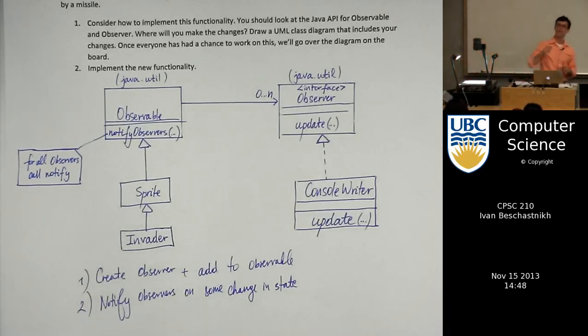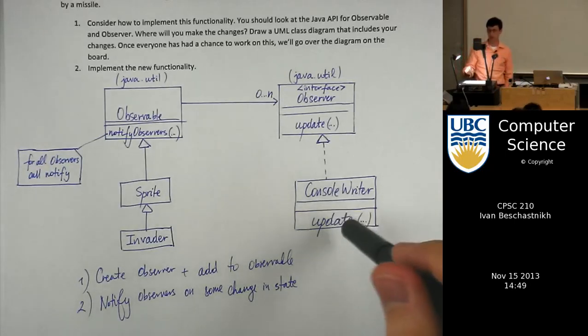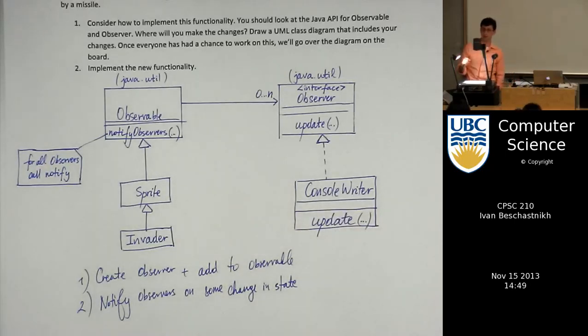So what is the advantage of following that design instead of just changing the collided with method and saying that print when it collides with a missile? Right, so what is the advantage of having a separate console writer that has that functionality, right? So the advantage here is that the console writer is a modular component of your system.